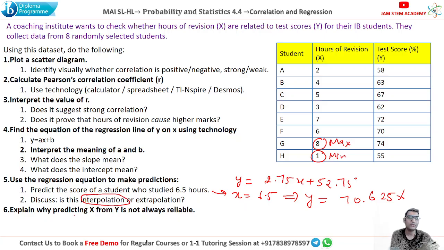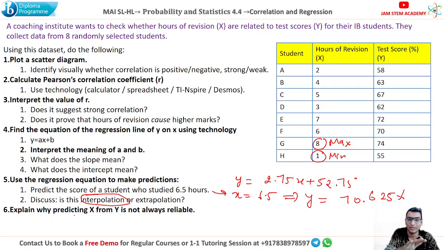Next part. Explain why predicting x from y is not always reliable. Yes, it is not always reliable. Why? Because it's safe to take 6.5 in this case, but we cannot say it will work for 10 hours, 20 hours. That's why you can say directly using this relation is not reliable.